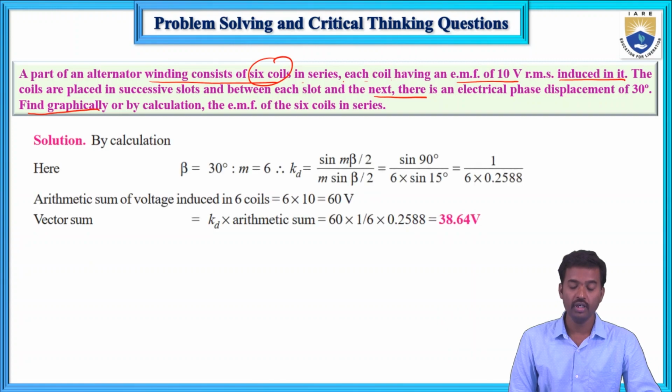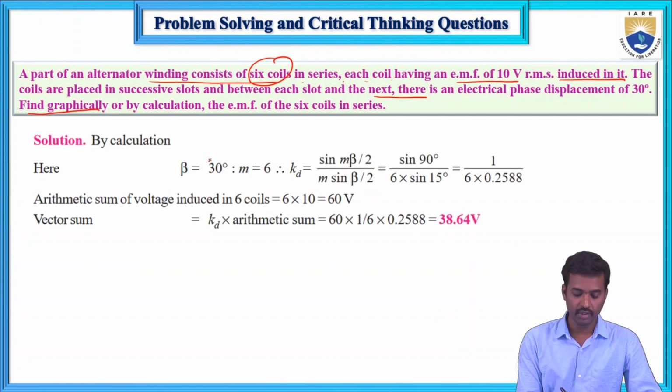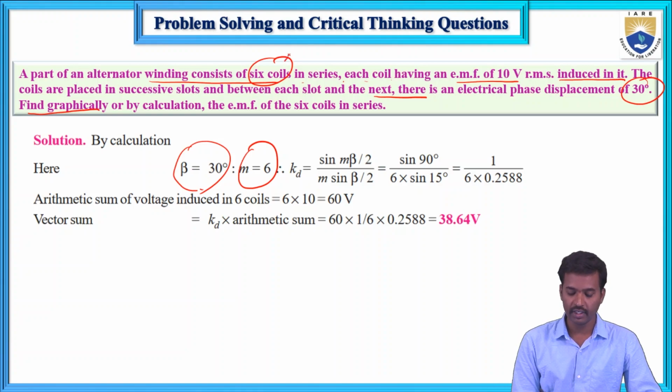From the derivation, beta equals 30 and M equals 6.